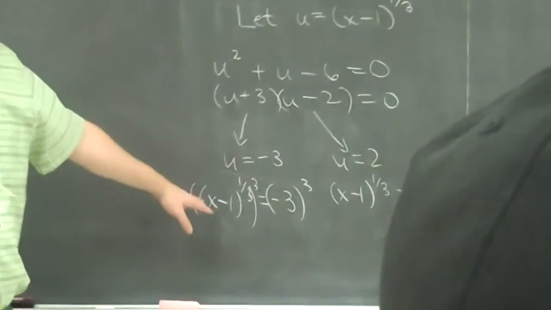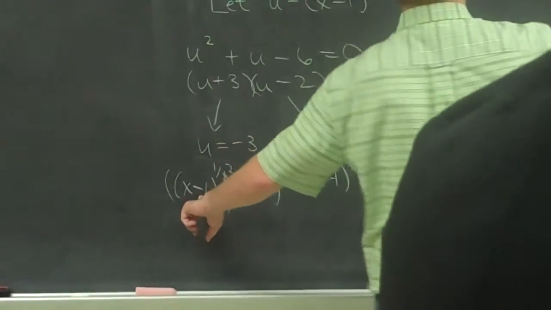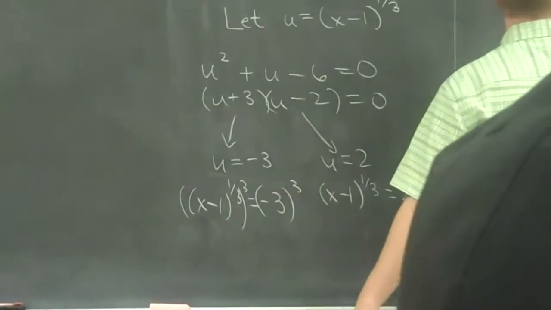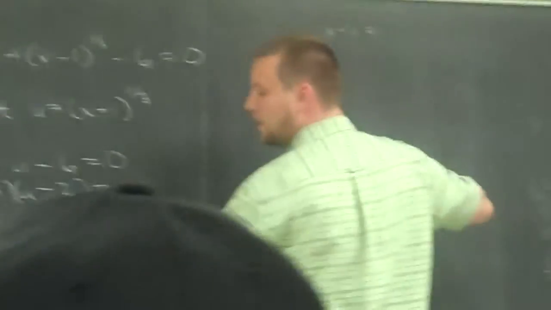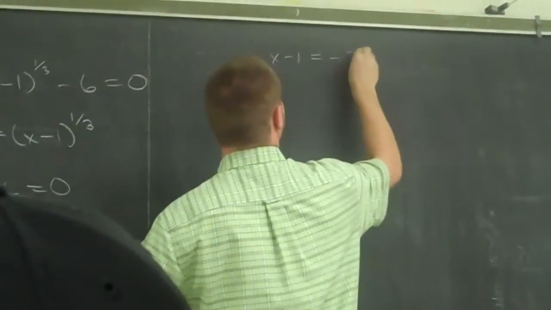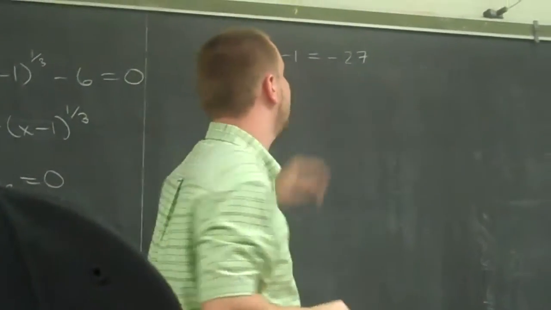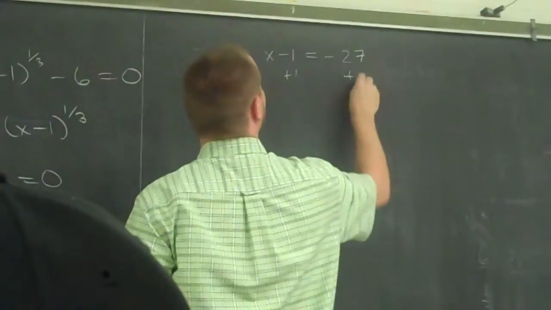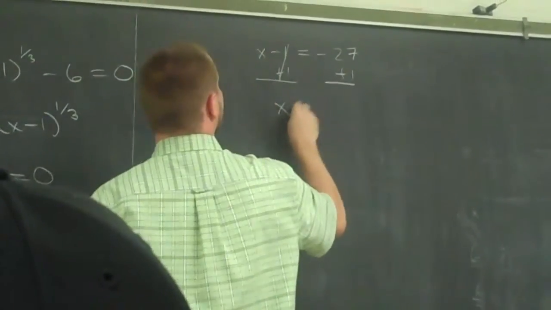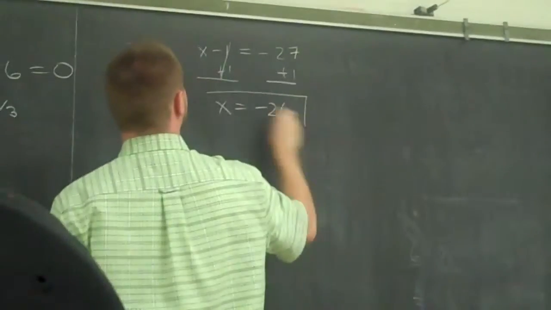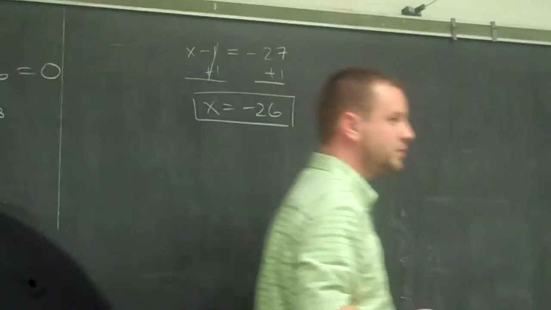If I just work with this equation for now, I'm getting x minus 1 by itself equals negative 3 to the 3rd power, which is negative 27. So if x minus 1 equals negative 27, add the 1 over, and one solution is x equals negative 26.